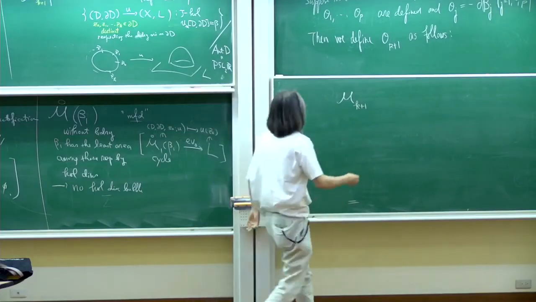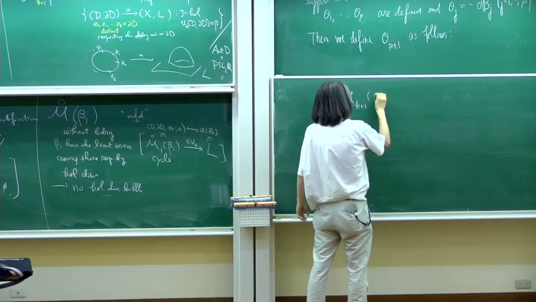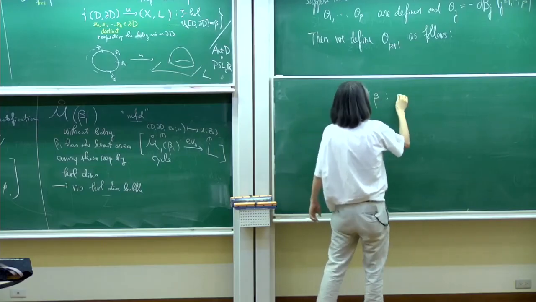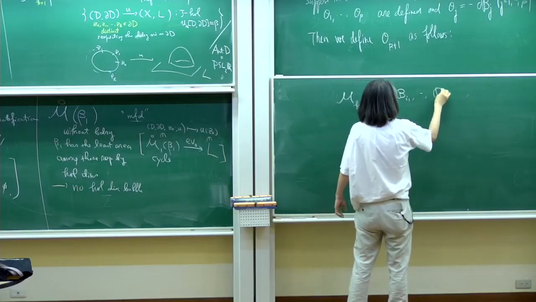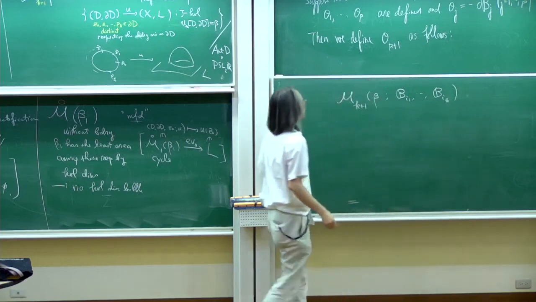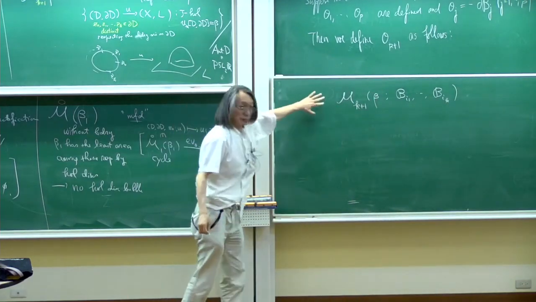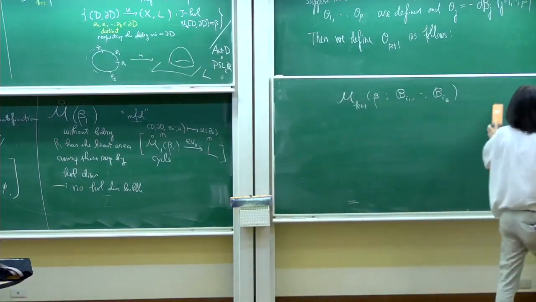So I discuss the following thing. So I may consider this thing B, and then B_{i1}, ..., B_{ik}. So this is just a notation which I will explain right now.